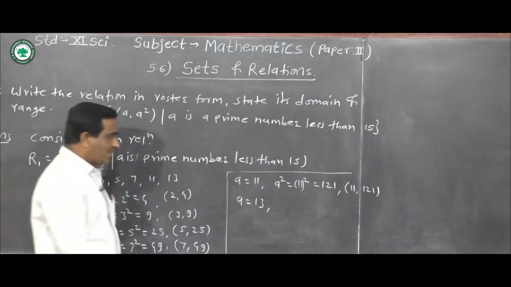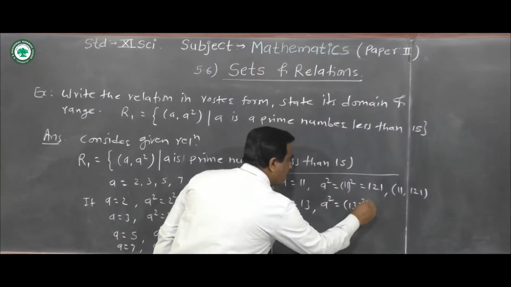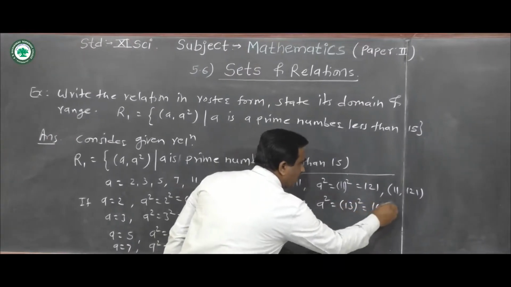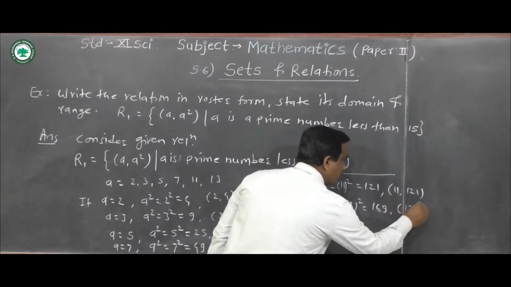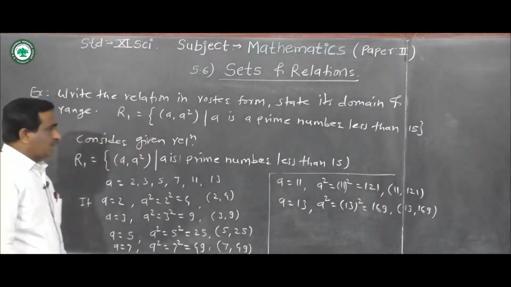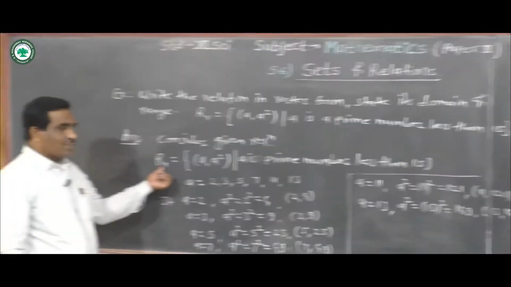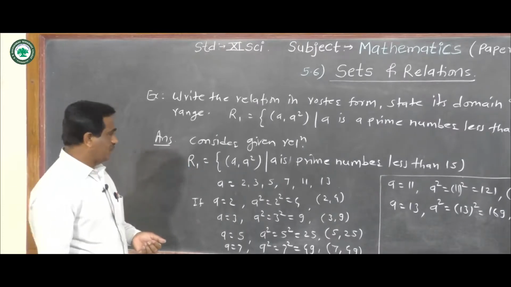Then A square equal to 13 square equal to 169. That is, we get the next ordered pair 13, 169. Then we can write this relation R1 in the form of ordered pairs, or roster form.